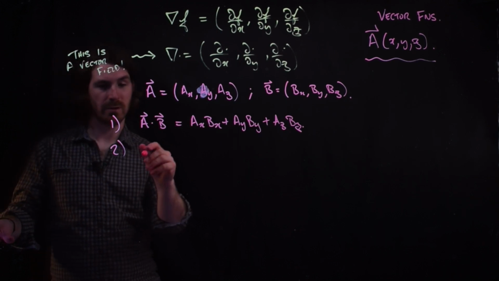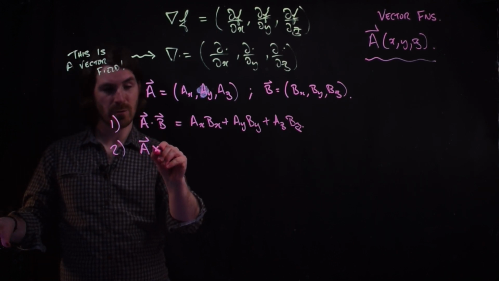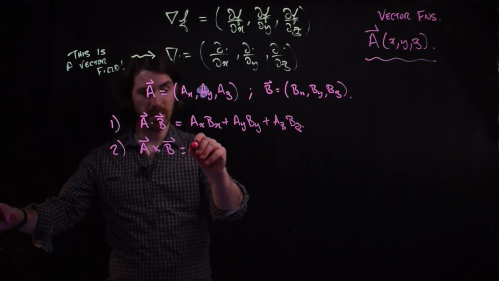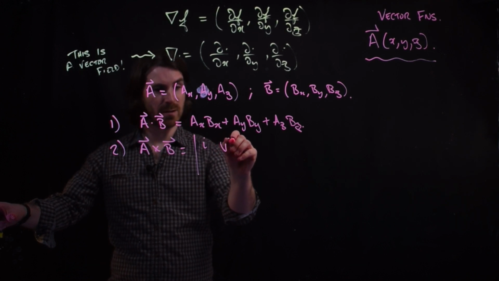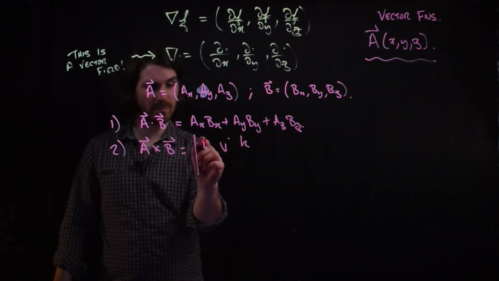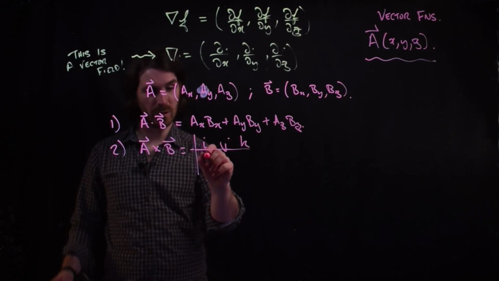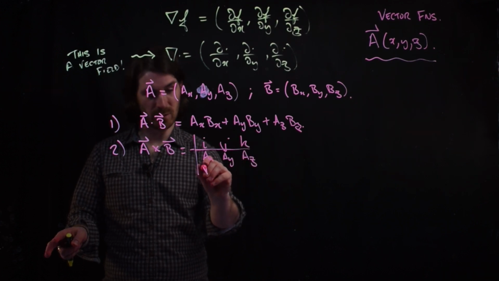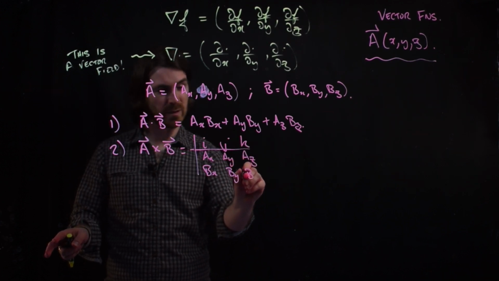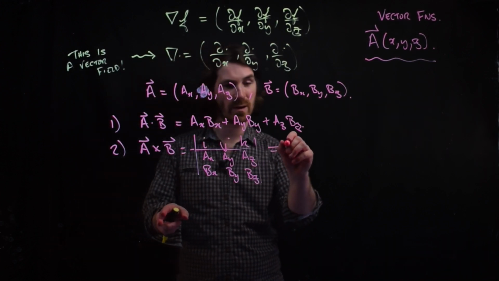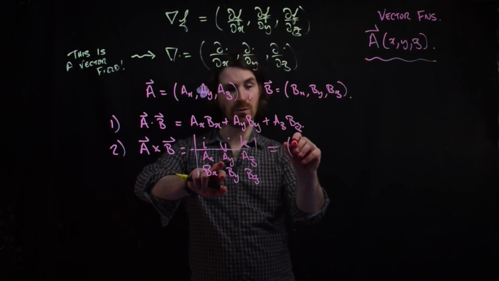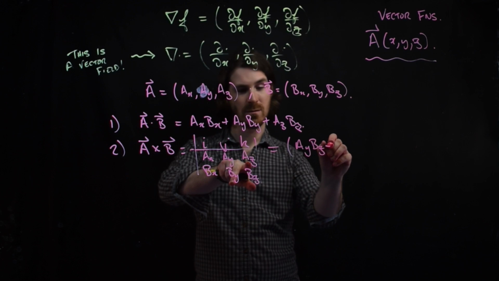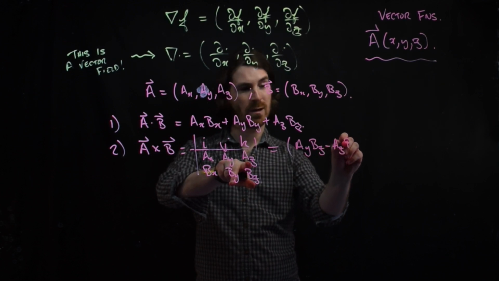Or another thing we can do is take the cross product, a cross b. If you remember how to take the cross product, I always remember it in terms of taking a determinant like this: ijk, and then we've got ax, ay, az, and we're taking the cross product with bx, by, bz. So this gives us a vector that has x component equal to ay bz minus az by.